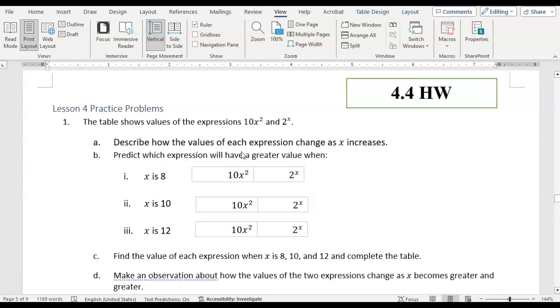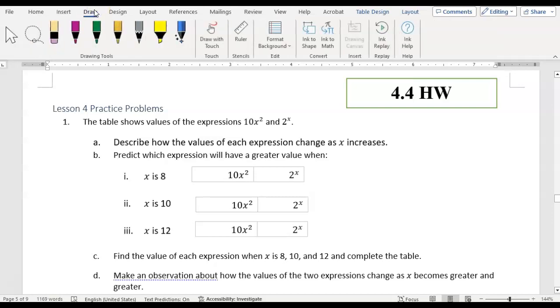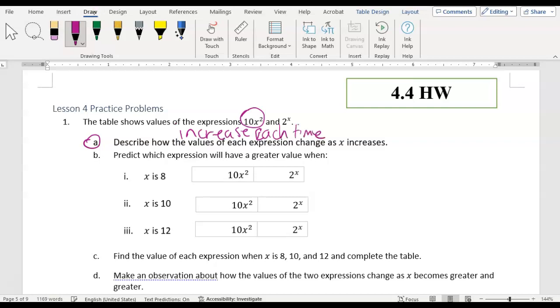So part A here says, describe how the values of each expression change as x increases. So don't forget to do this, right? So expression 10x squared is going to increase each time, but by a different amount.